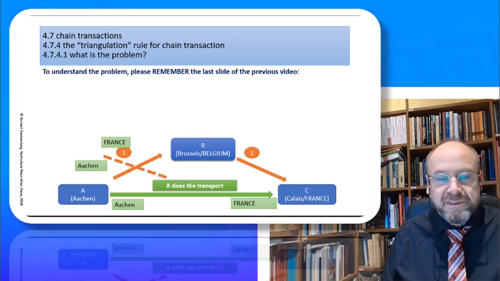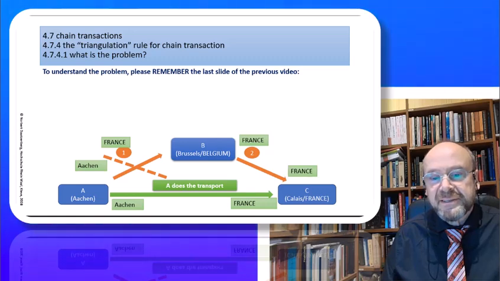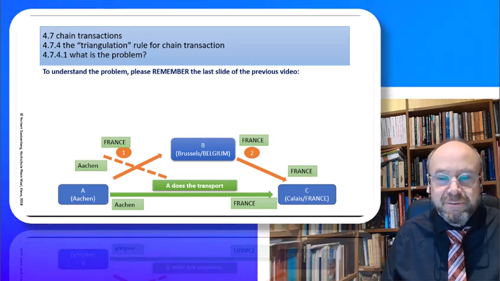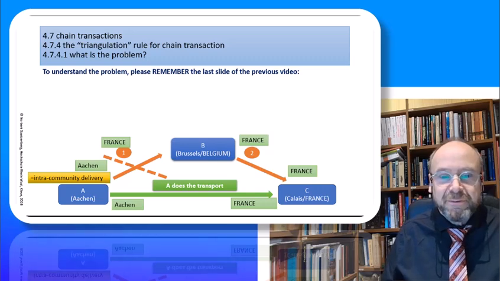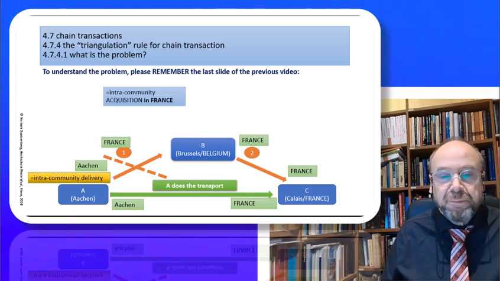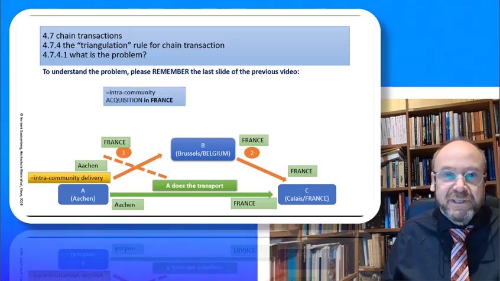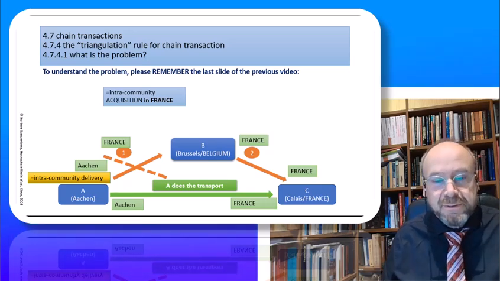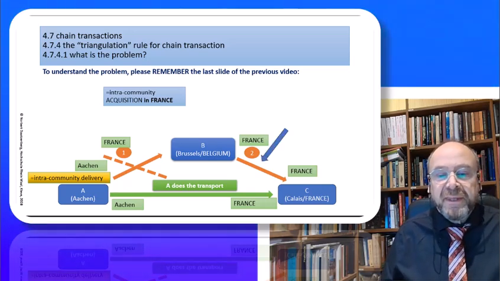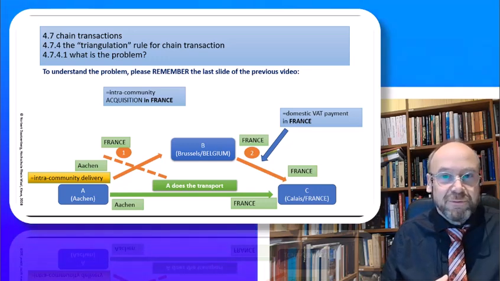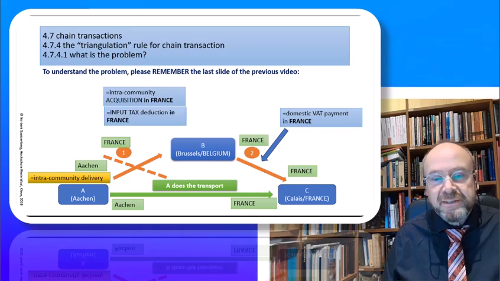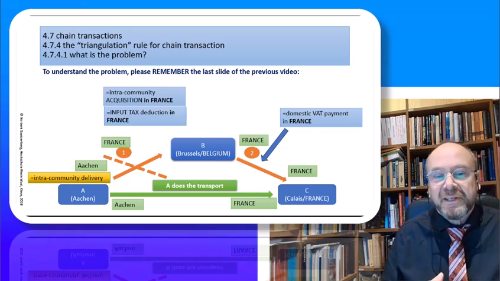Then that crosses the border, and in France it stays during the second delivery. So for A, there is an inter-community delivery, tax-free. For B, there is inter-community acquisition, but in France, because the good goes to France. Then the second thing is also a domestic VAT thing in France again, and then from the acquisition in France, B has an input tax deduction claim in France.